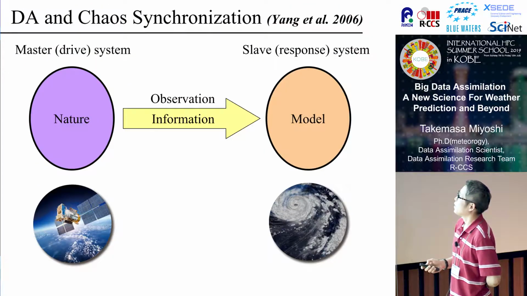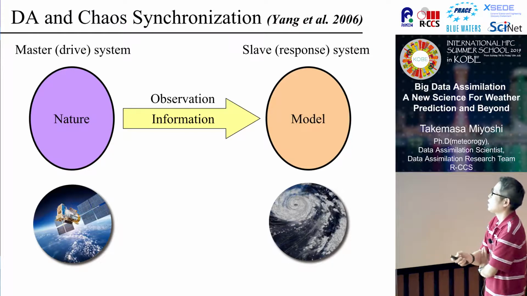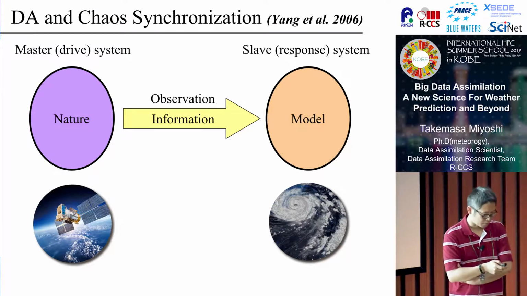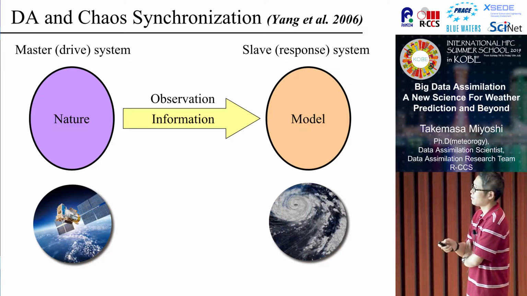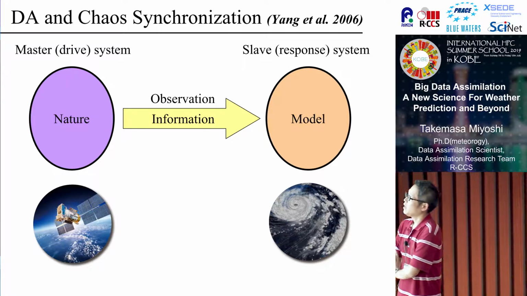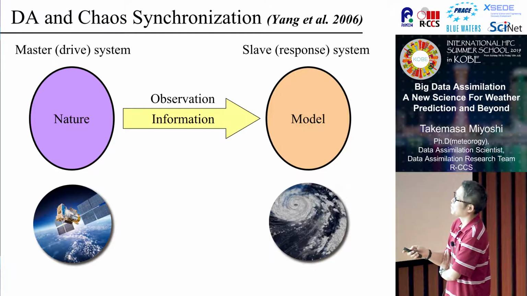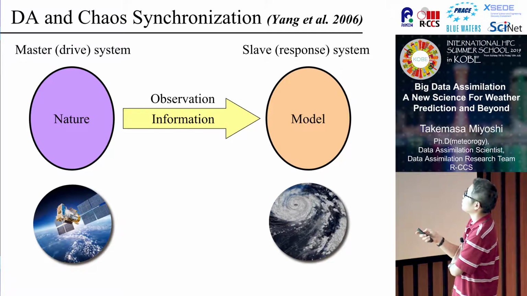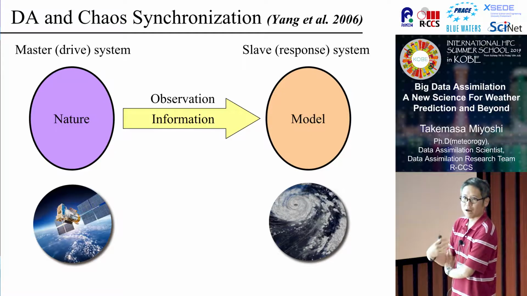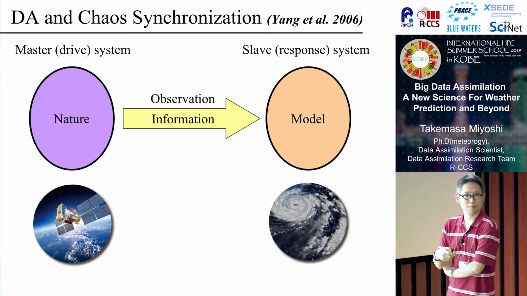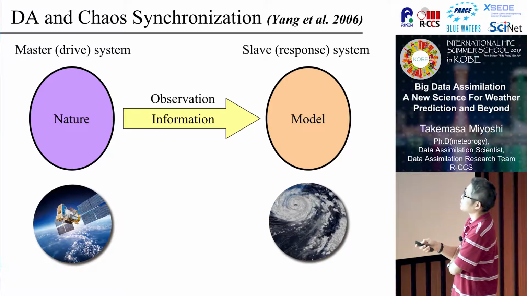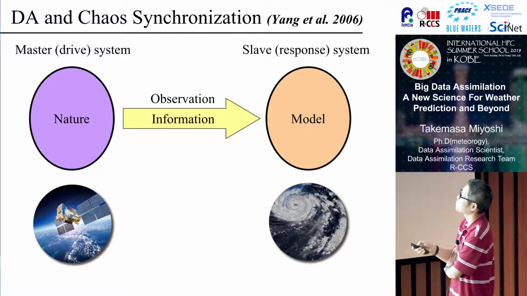So this can be viewed as a problem of chaos synchronization. This is a concept in applied math or control theory. We have a natural system, but we cannot know nature perfectly. And we have a model to simulate nature based on our human understanding of nature. What we can get from nature is just partial information, not perfect, but imperfect information.